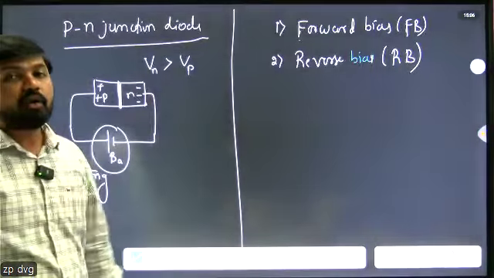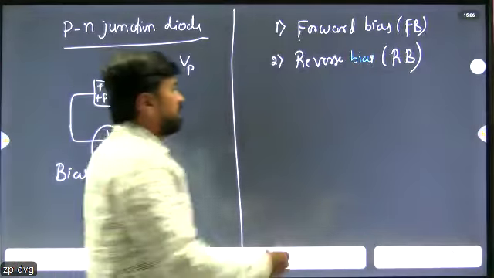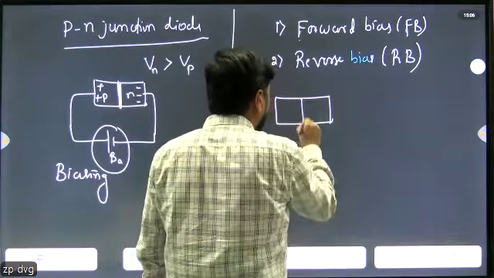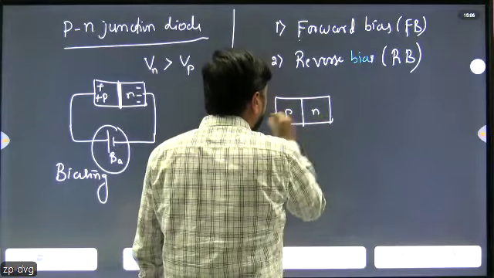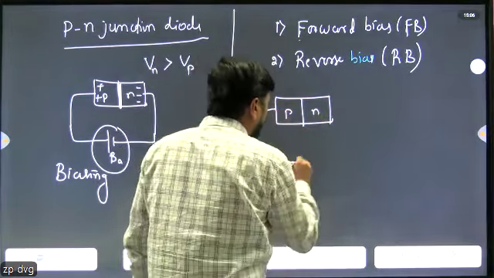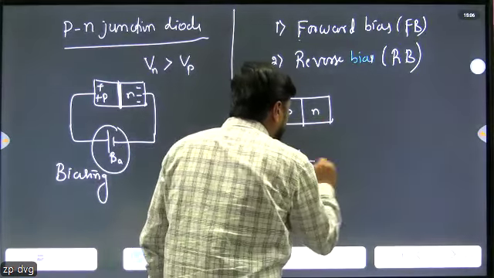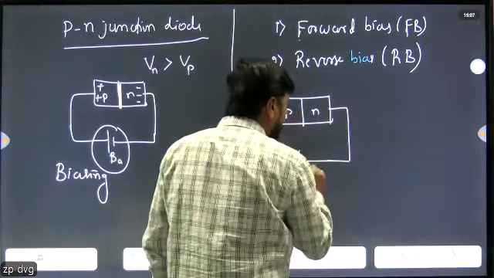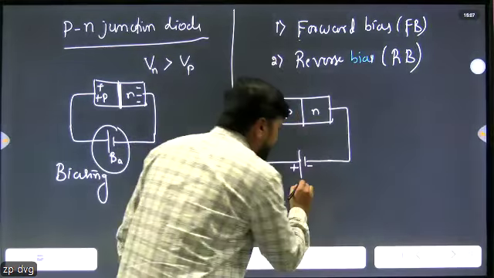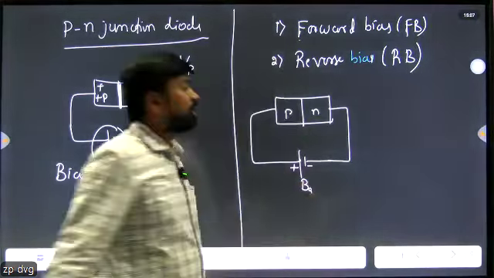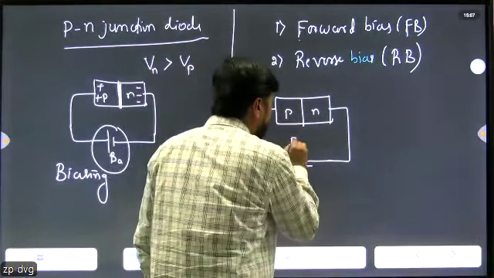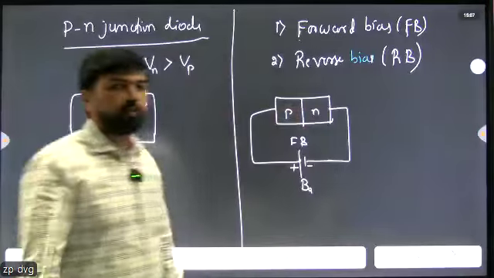When is a diode said to be in forward bias? When the P side of the junction is connected to the positive terminal of the battery and the N side of the junction is connected to the negative terminal of the battery, then the diode is said to be in forward bias.